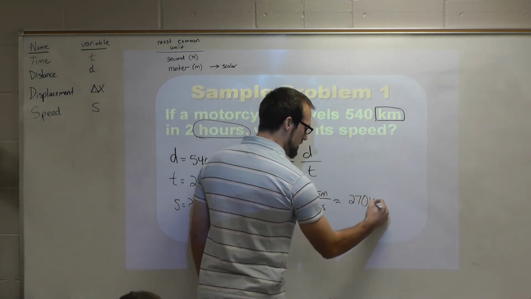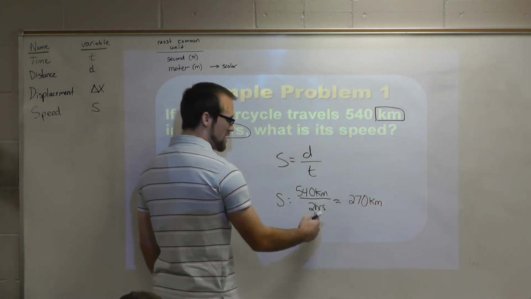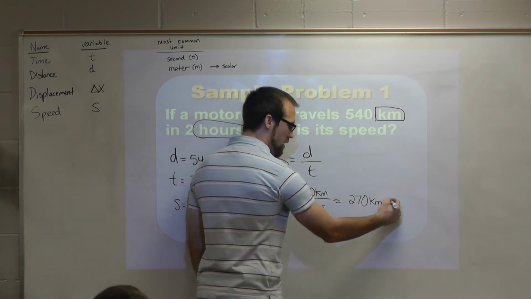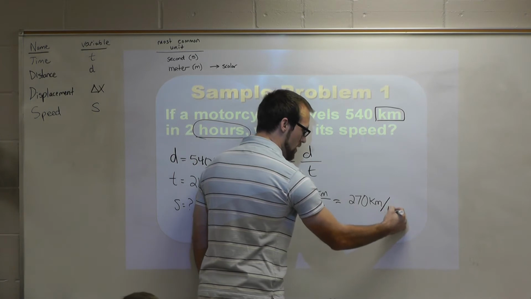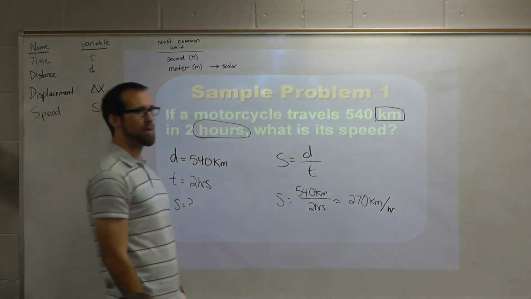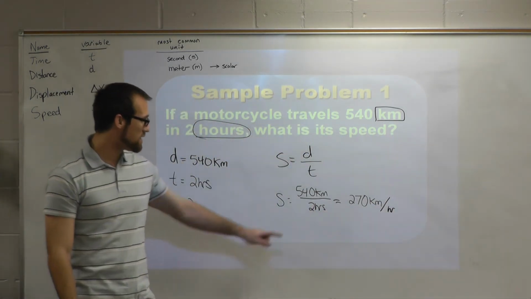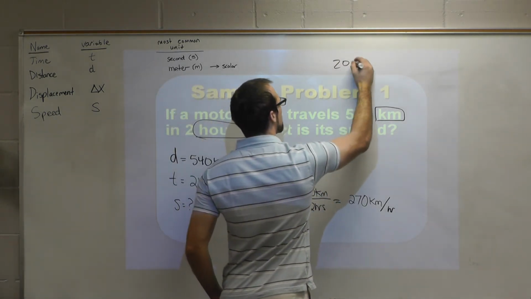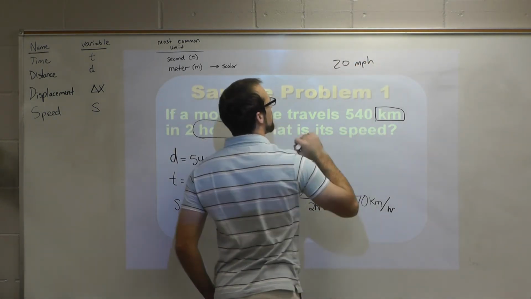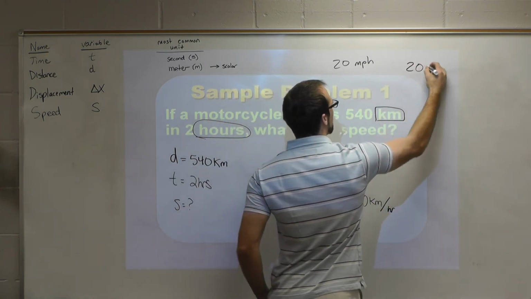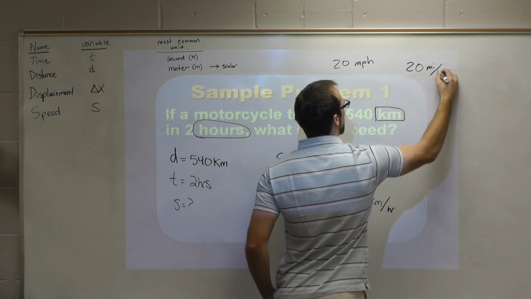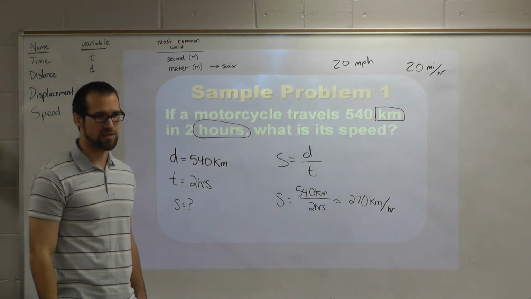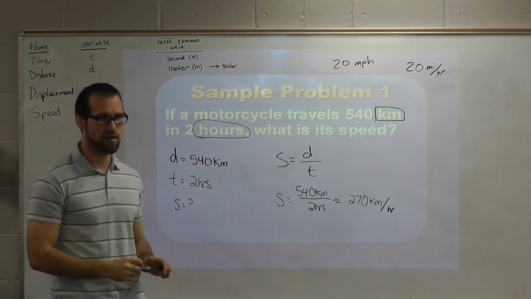Now notice, I have my units here, and they don't cancel each other out, so it's kilometers per hour. The slash means per, or divided by, hours. So when you see 20 mph, what that is really saying is 20 miles per every hour. I don't know if you guys knew that. You guys know that?